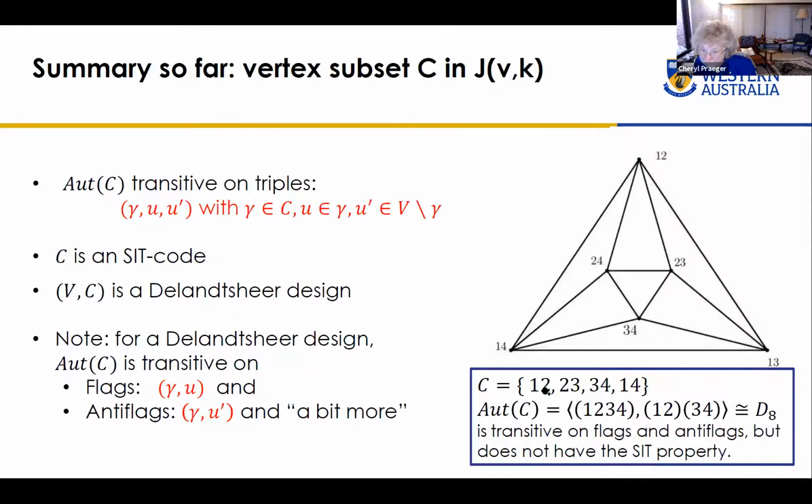If we take this code consisting of these 4 pairs, 1 2, 2 3, 3 4, 4 1, its automorphism group is dihedral of order 8. And there are too many of these triples for it to be a de Lancher design, but it is transitive on flags and on anti-flags. Okay, so there's several examples like that. Let's continue.